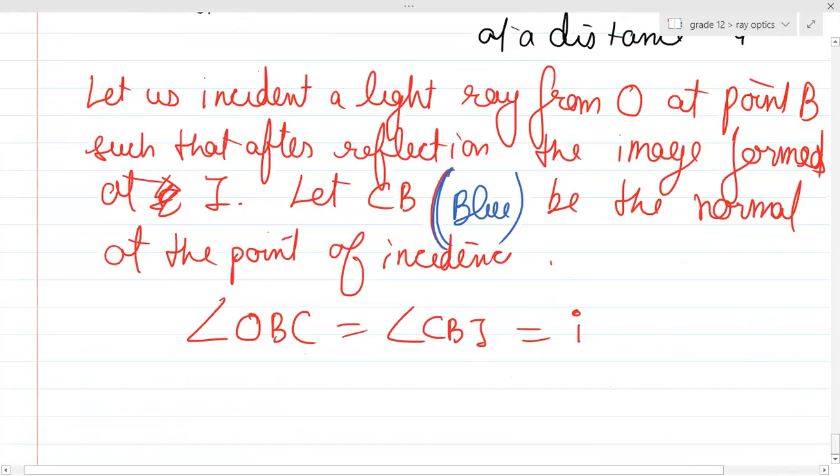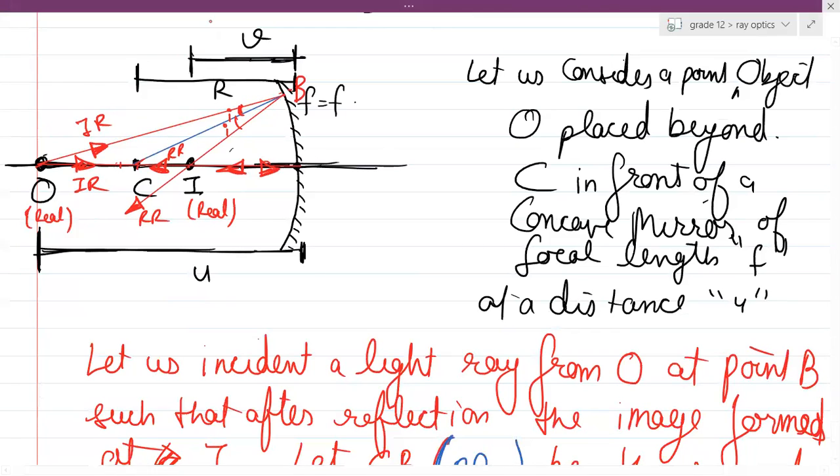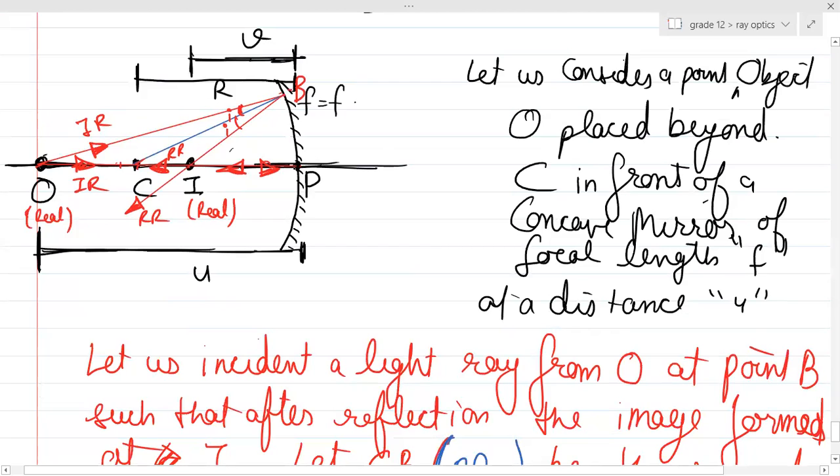Yes or no? Did everyone understand this? Now, what was this point, guys? This point was basically the pole, right?